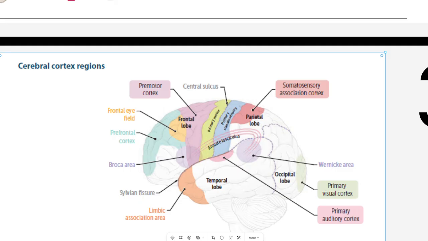Then we have the Broca's area. The Broca area is very important and it's very often tested. This is speech production, and it's usually present in the dominant hemisphere, usually on the left frontal lobe. It creates a motor program for speaking. So a lesion here, we call it the Broca aphasia.